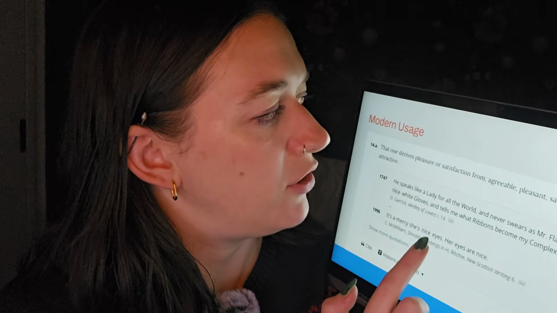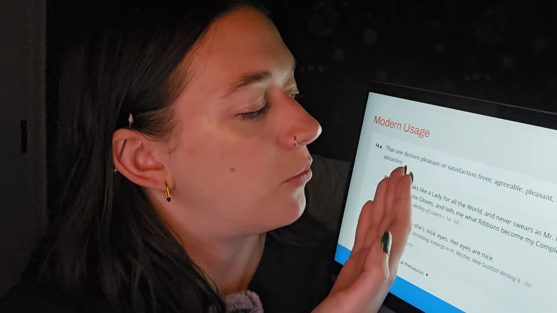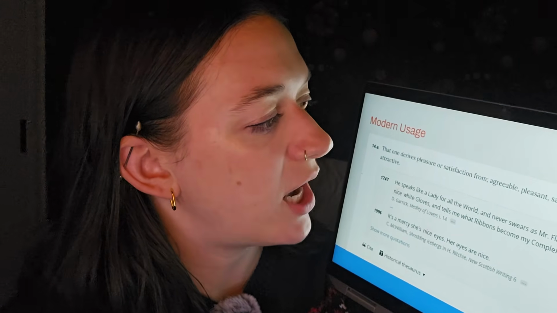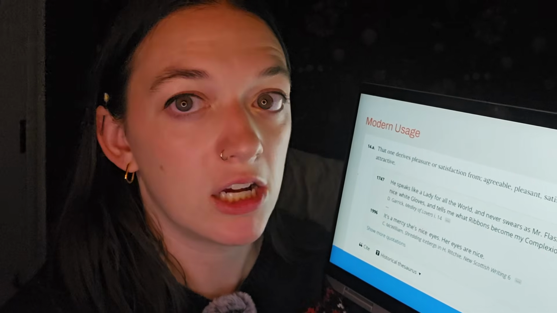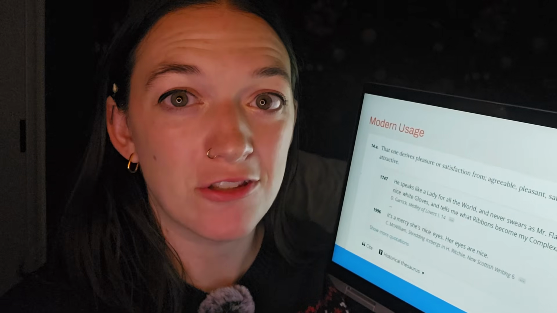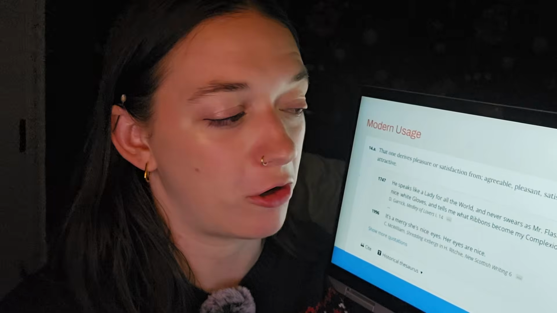And then it will give you a more modern usage. So that one derives pleasure or satisfaction from, agreeable, pleasant, satisfactory, attractive. That sounds a lot more like how I would use the word nice in modern parlance. So that's just something fun you can do if you want to look up how the meaning of words change.